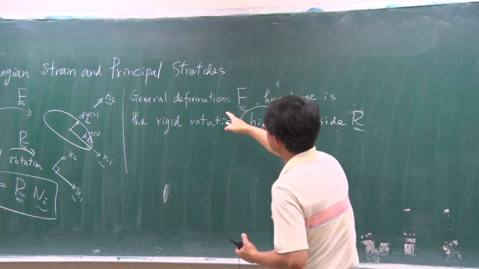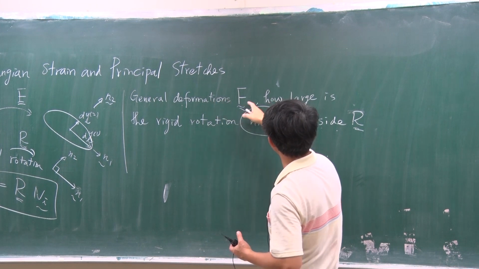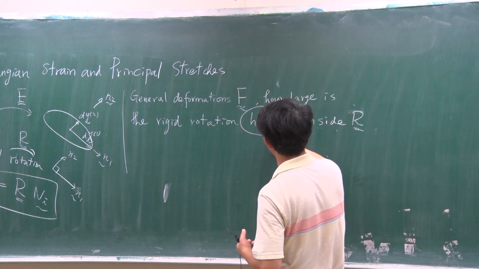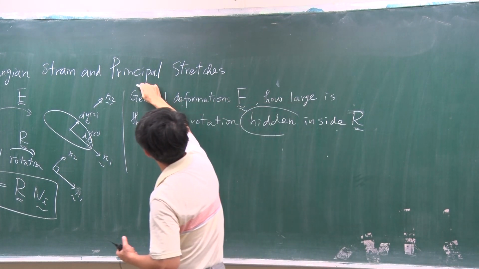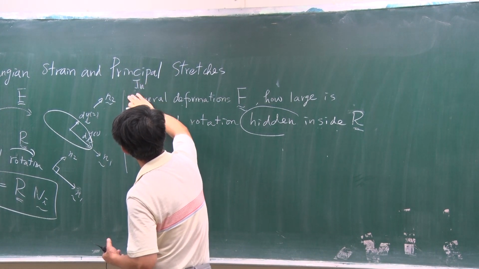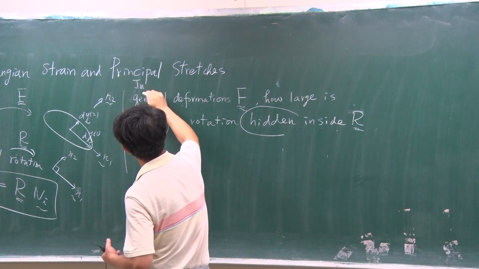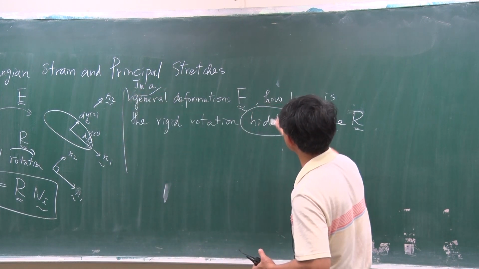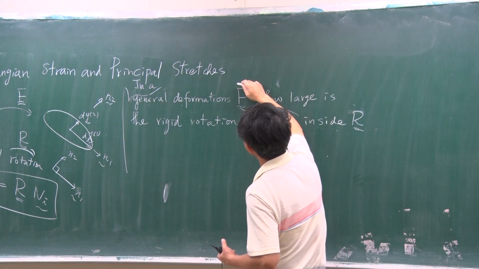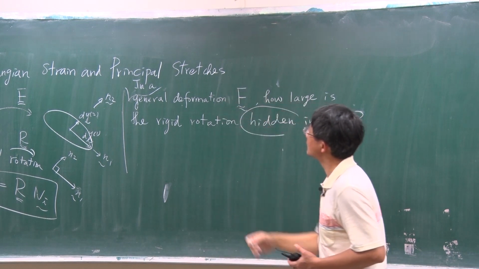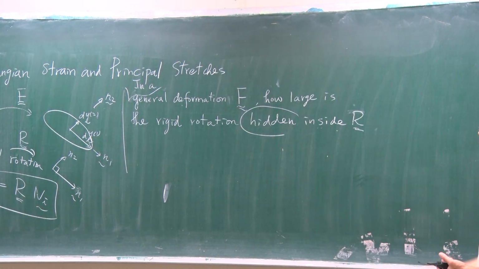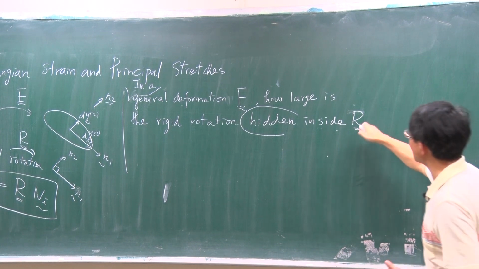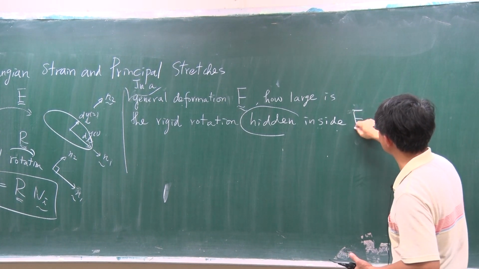Okay. In a general deformation F, how large is the rigid body rotation hidden inside F?